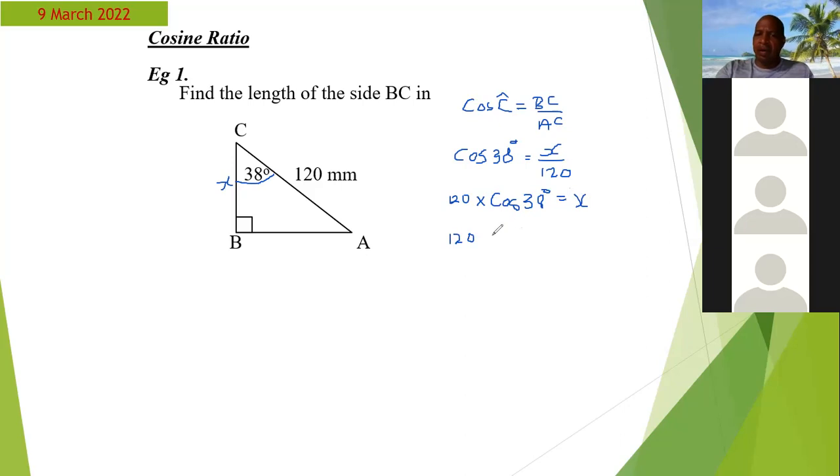Now, if you can work your calculator without rounding it off, you would get a more accurate answer if you calculate with all the decimals that you have. And then you round off your answer based on the place values that there are in the question.